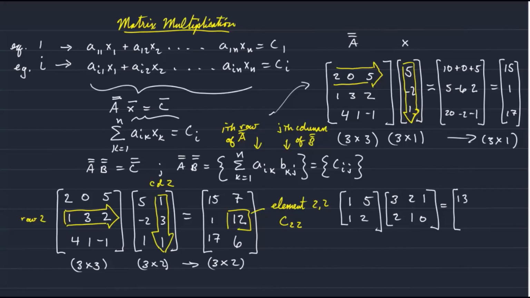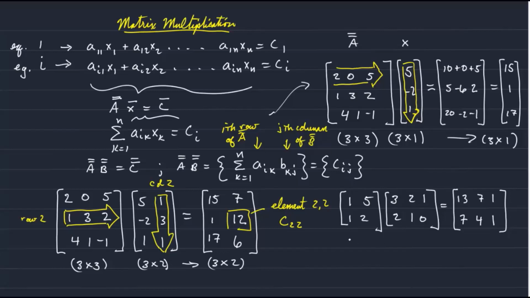The first row times the second column is 2 plus 5 is 7, to get the second column in the first row of the product matrix. And then 1 times 1 plus 0 gives 1 for the third column of the first row. And then 1 times 3 is 3, 2 times 2 is 4, is 7. And then 2 plus 2 is 4. And then 1 plus 0 is 1.